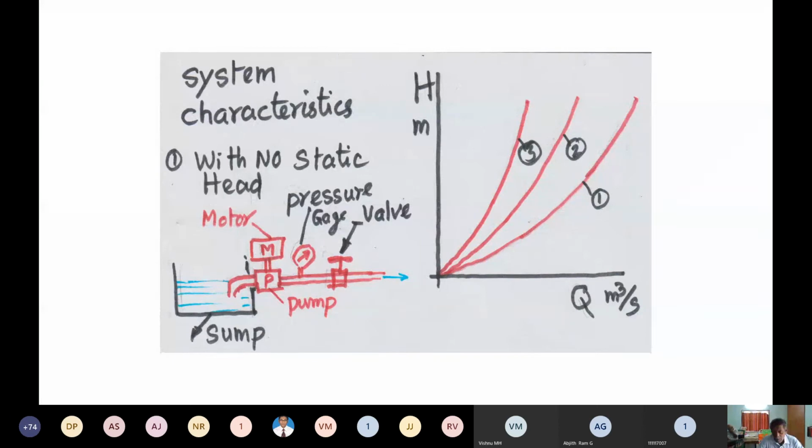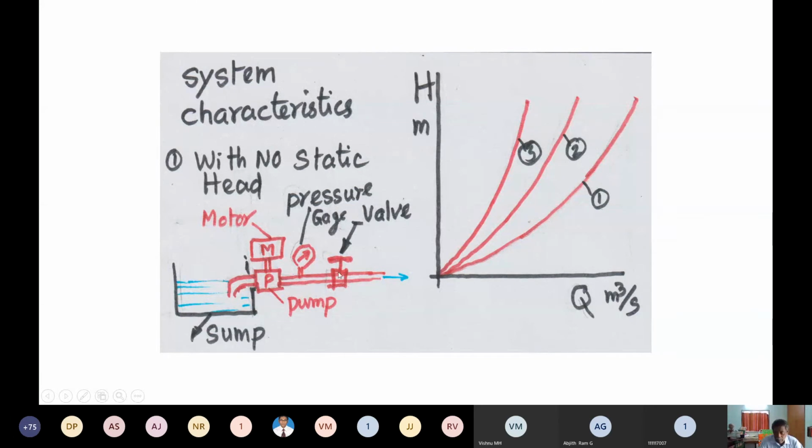So a simple test setup is there. You have a motor connected to a pump, connected to a sump, and it is pumping water through a pipe, and at the end you have a valve, a flow control device to regulate the flow.